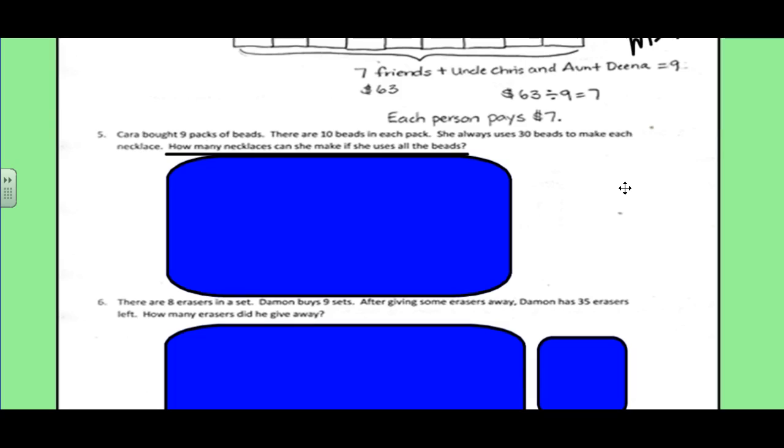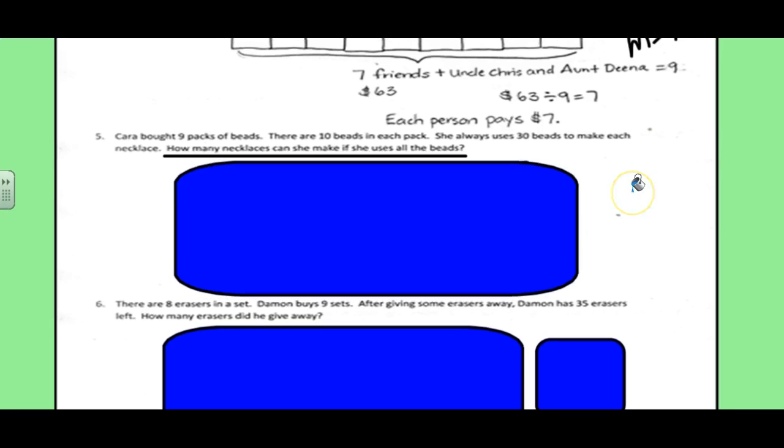So in your tape diagram, circle 30 beads, and that's one necklace. And then keep circling until you have figured out how many necklaces she has total. Make sure you write your answer to the question in a complete sentence. And I want you to push pause to do all of that.